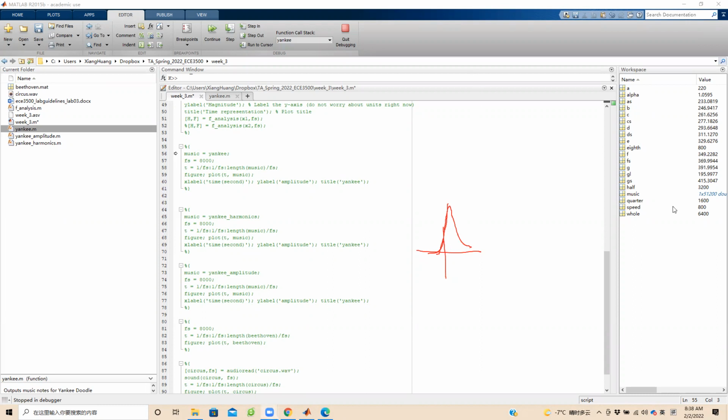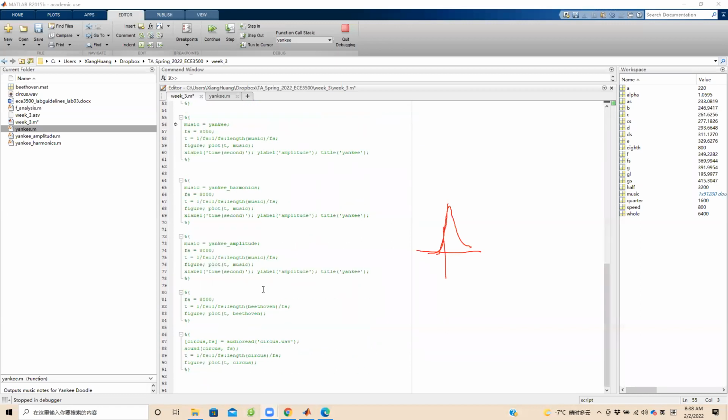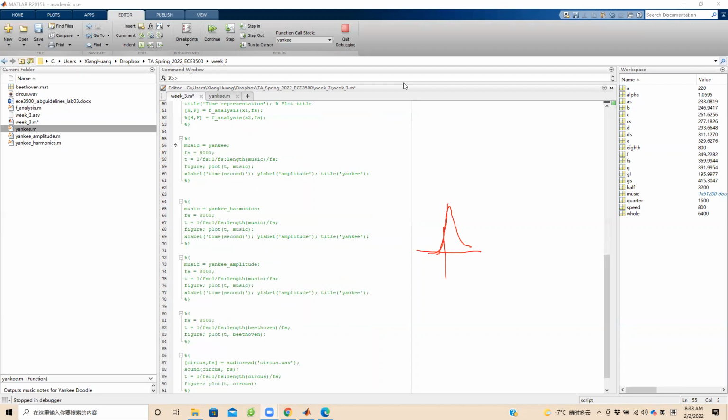But this pattern is not available for every music piece, since if you look into Beethoven's time representation, it will show a different load pattern. I can show you this part.